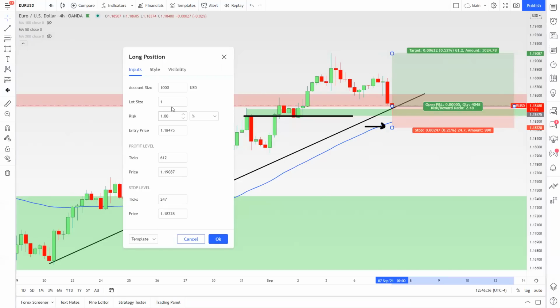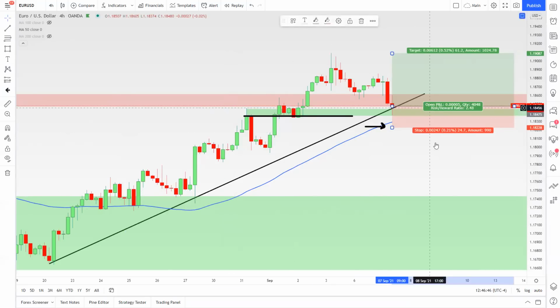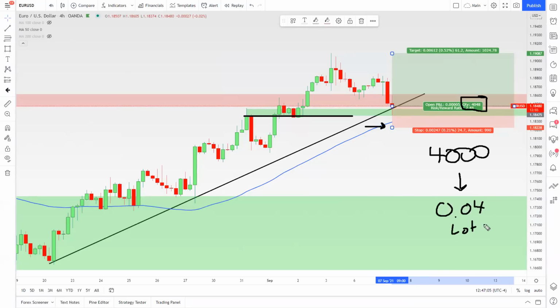And then I put my stop, I put my target. Now what it's going to do is calculate. Check this out. This is telling me that if I wanted to set up this trade on my MetaTrader 4 account, my quantity right there is telling me that I would need to do 4,000 units, which is the same as 0.04 lots.